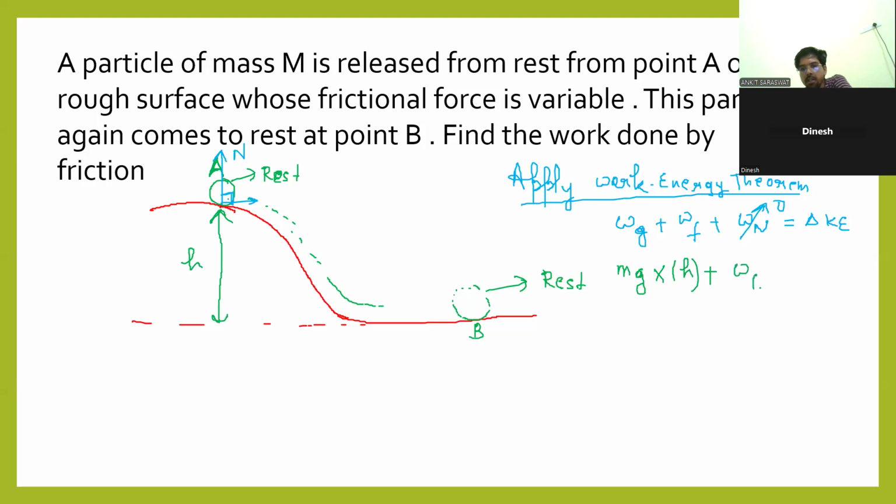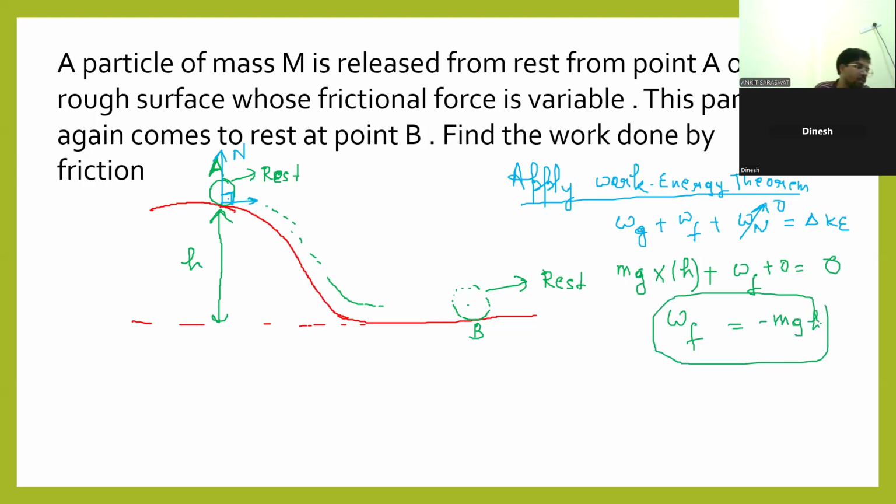Work done by friction: I told you the definition of work, force multiplied by displacement in the direction of force. Work done by normal is 0. There is no change in kinetic energy, since it is at rest, so final minus initial is 0. So work done by friction will be minus mgh. Is it clear to you?